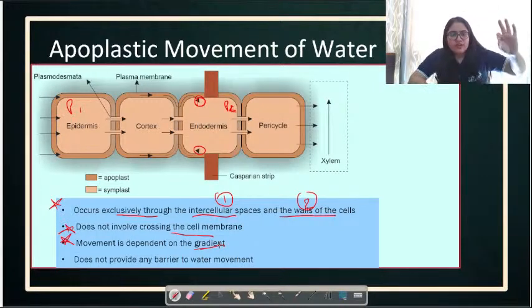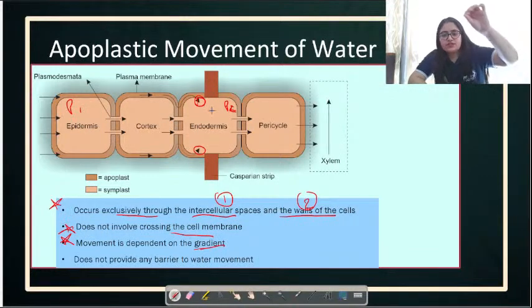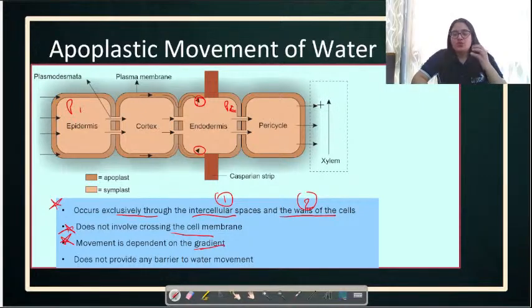The water will move along the water potential gradient. That means if water is flowing from epidermis to endodermis or to the root xylem, that's simply because the water potential, or the free energy of the water, is higher in the soil solution in comparison to the one present in the xylem.